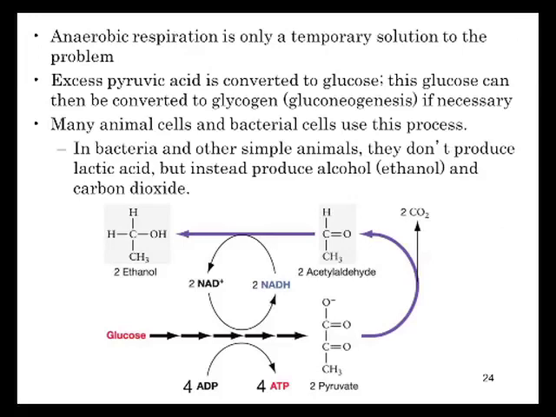Now, there are some other organisms that have similar pathways, and this is where the term fermentation comes from. Because in some organisms like yeast and bacteria, they undergo a different type of reaction. It's very similar, for the same reason. Again, in anaerobic conditions, the yeast will produce pyruvic acid, but in order to maintain the levels of NAD, they have to somehow do something with those NADHs.